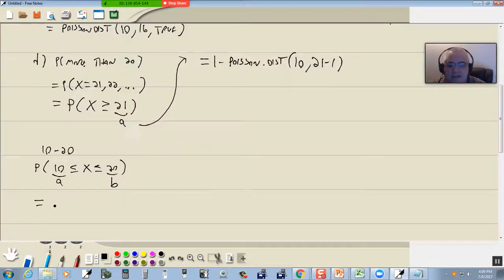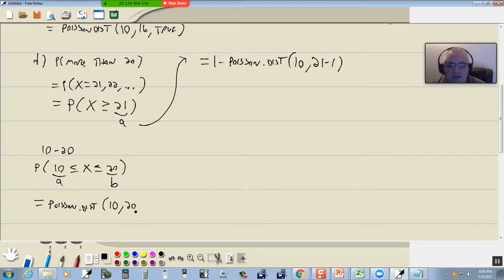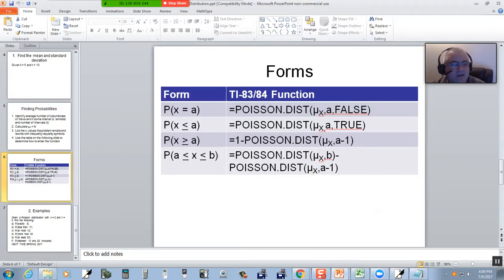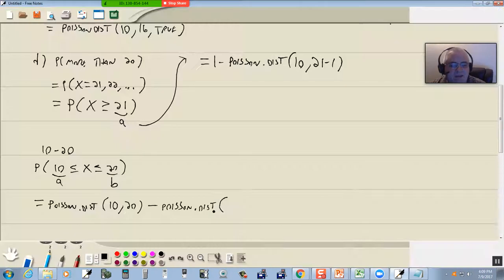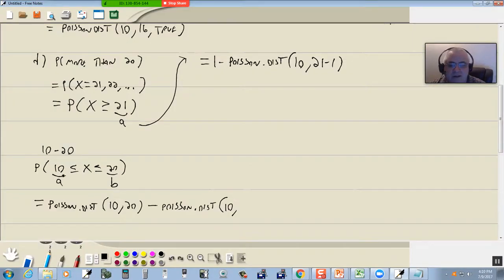So we're going to set that up as Poisson distribution, our mean, which was 10, and then B was 20, minus Poisson distribution, mean, which is 10, and A minus 1, and A was 10, so you get 10 minus 1.